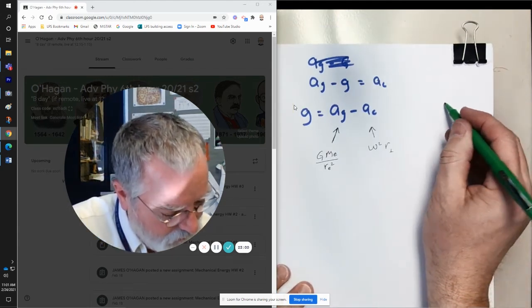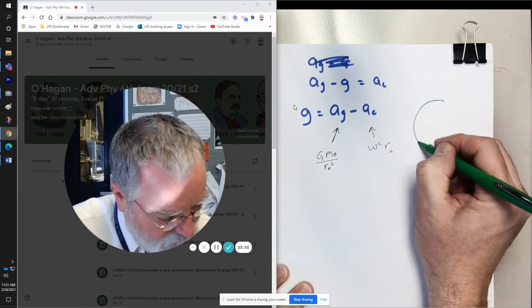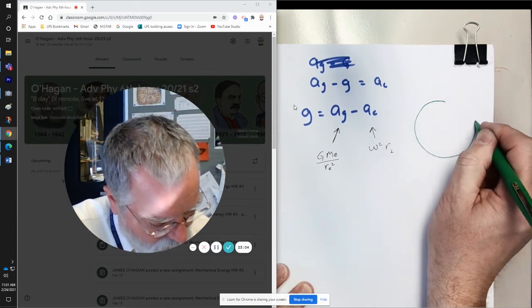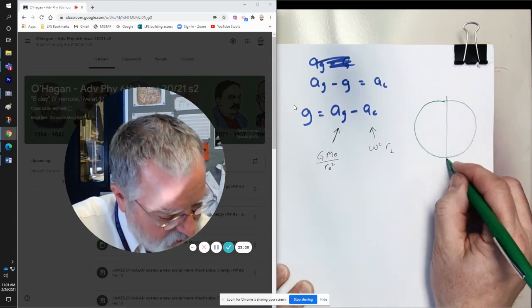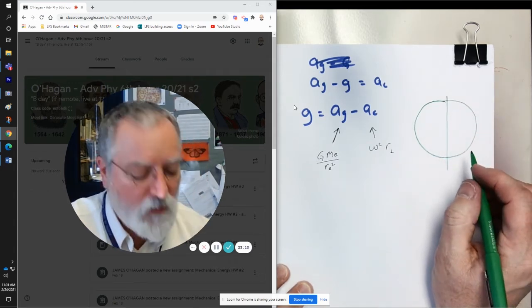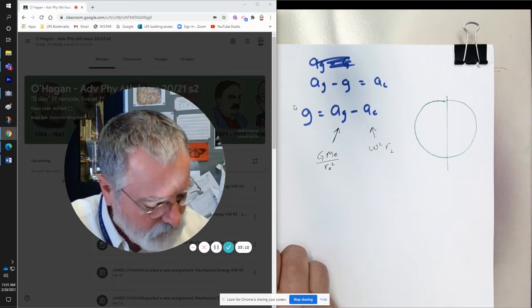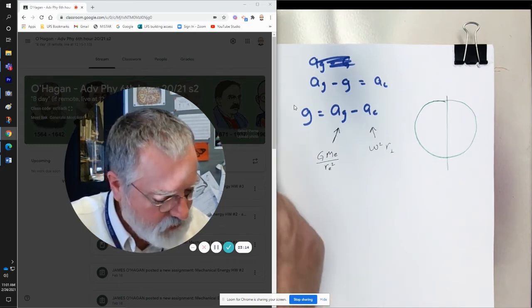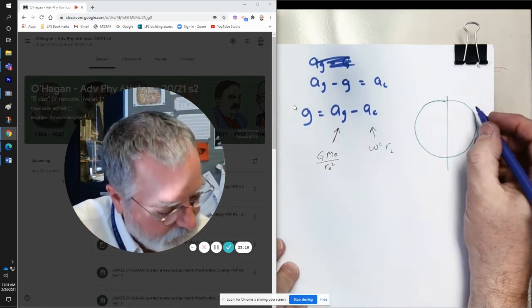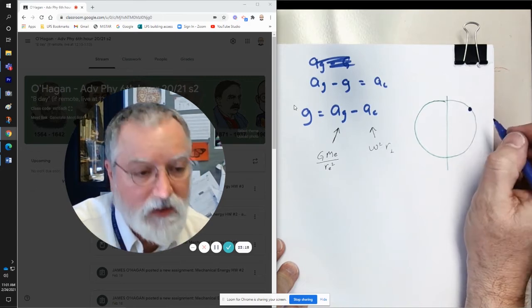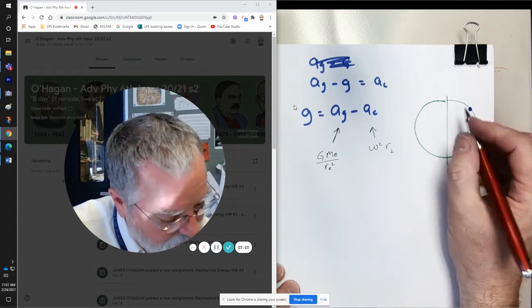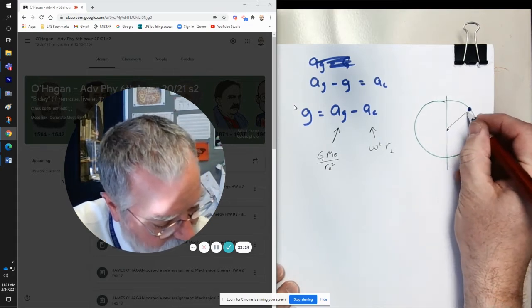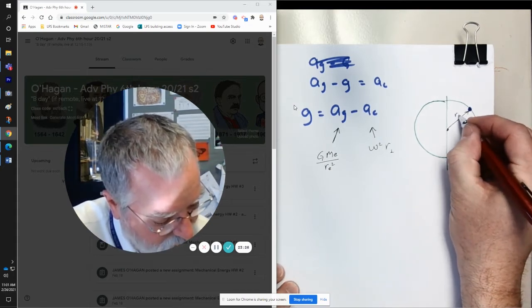If I've got an Earth spinning about this axis, and I want to know what g is at this spot right here. From the center of the Earth over to here, this is what we call the radius of the Earth.